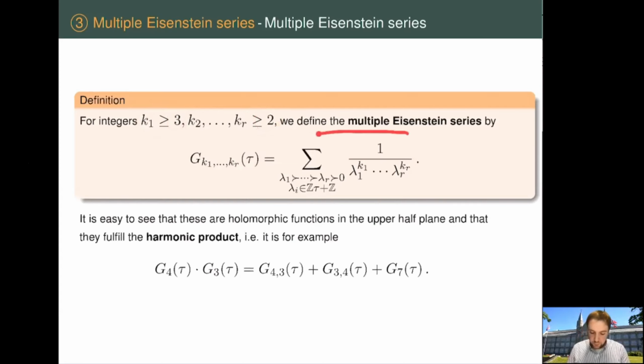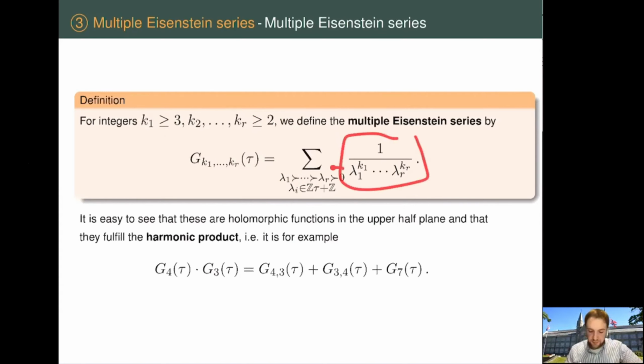And then we just copy the definition of multiple zeta values and replace all positive integers by positive lattice points, which are ordered by the order I defined on the slide before. Because this is also defined by an ordered sum, we saw at the beginning that for the harmonic product we didn't care what we sum up.